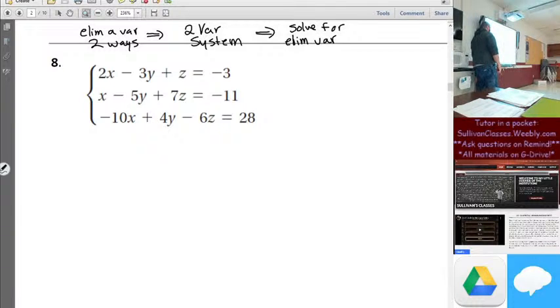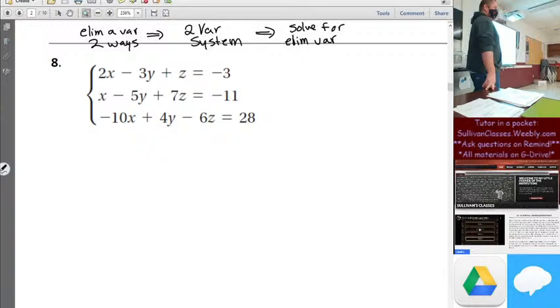So out of all that stuff, who looks really easy to eliminate 2 different ways? You're looking for anything with a coefficient of 1 or -1 if you can help it. Doesn't always work out that way. Okay? X or Z both have a coefficient of 1.